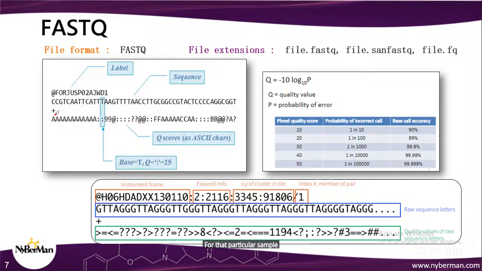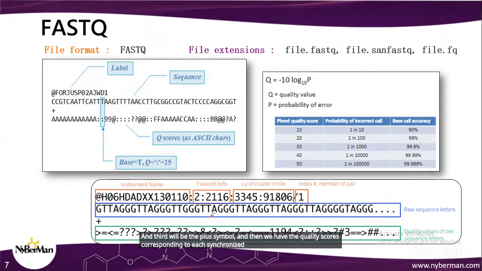So one complete piece of information in a FASTQ file will be for one particular sample in your data. And a FASTQ file can have more than one sequence, and the next sequence will follow the same format. First will be the header or label, second will be the sequence, third will be the plus symbol, and then we have the quality scores corresponding to each nucleotide.